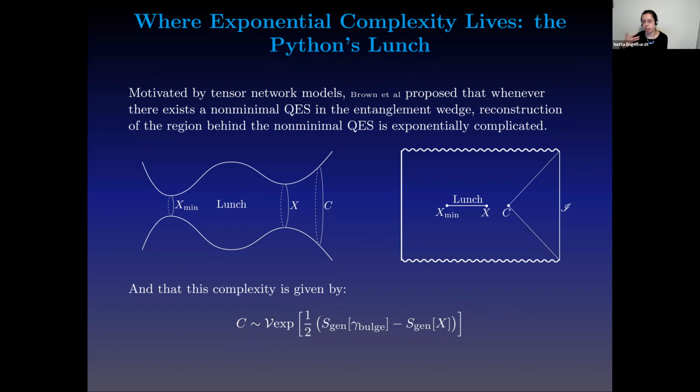The complexity of this reconstruction is proportional to this exponential here, which is the difference between the generalized entropy, the area over 4 plus the entropy, of the maximum surface here, minus the generalized entropy of this surface here, which we call the appetizer to the lunch.